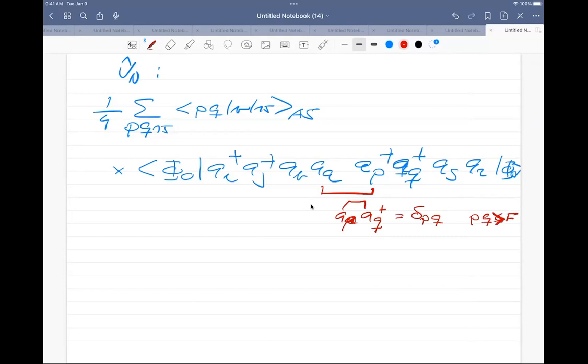And similarly, the other contraction, which is non-zero, through the way we have redefined them, is this one, but then P and Q have to be less than the Fermi level. So that contraction is fully possible.